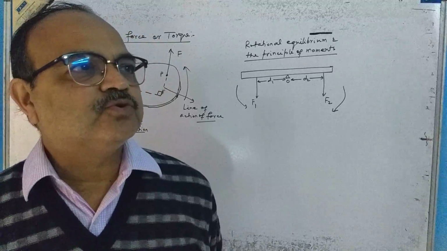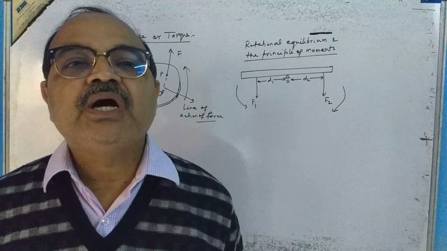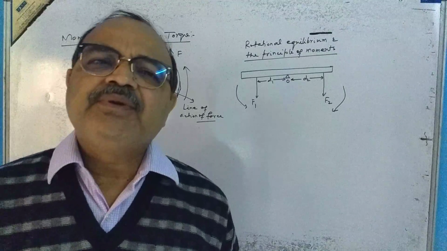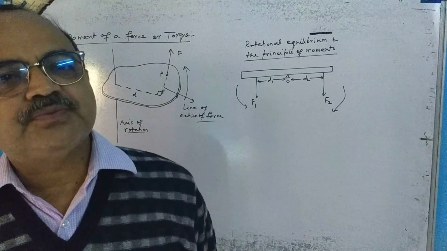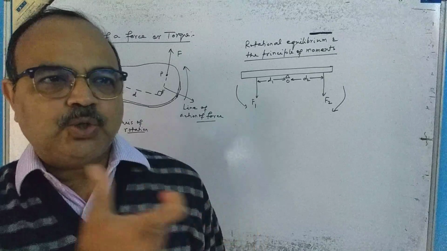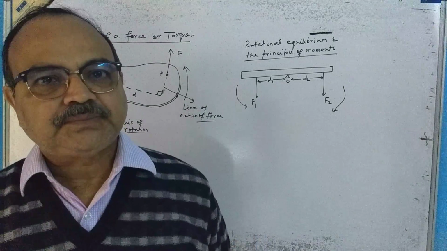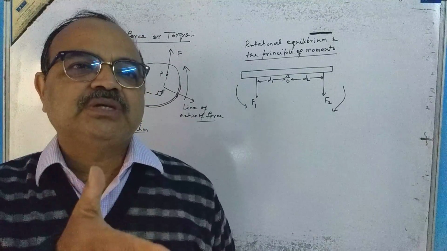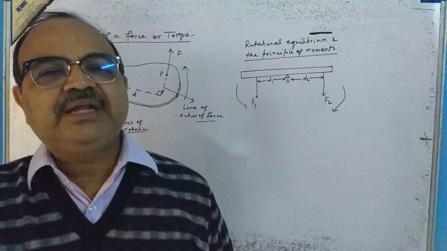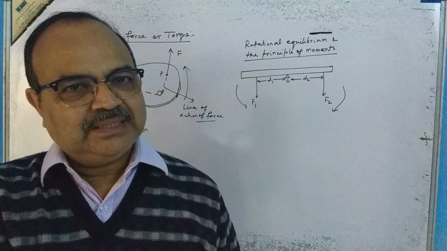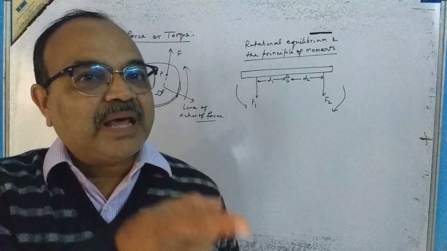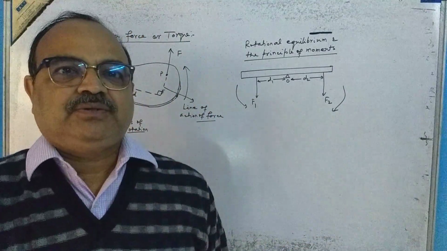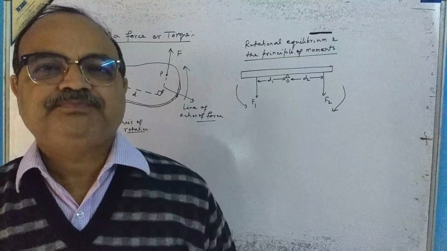Obviously, moment of a force or the torque is related to the rotational motion of a body. I am giving you a simple example. Suppose you are opening a door or closing a door. It is always observed that if you apply the force near the end of the door, it is more convenient than applying a force nearer to the hinge point, the hinge about which the door rotates.